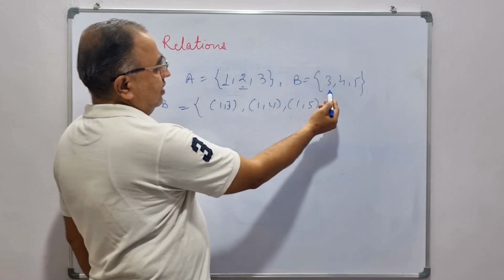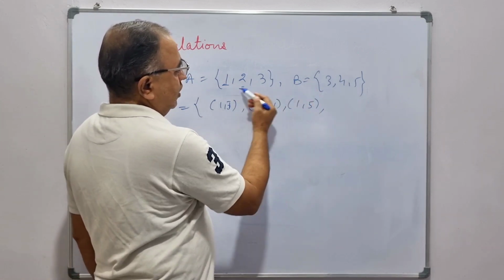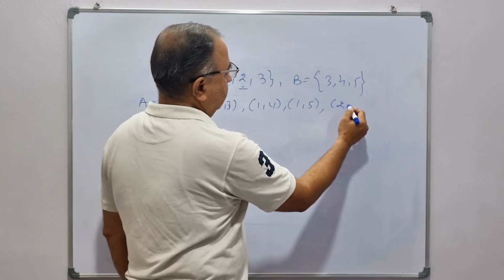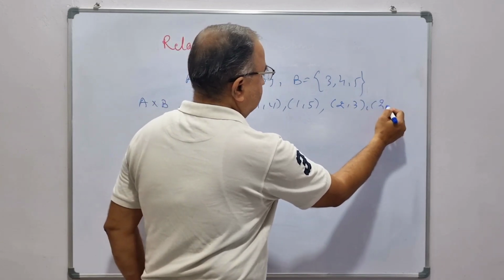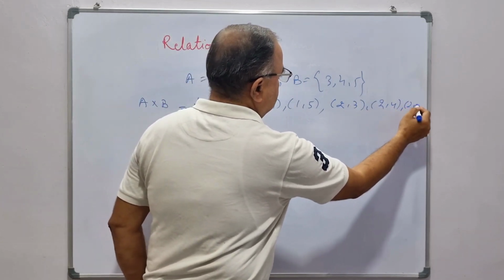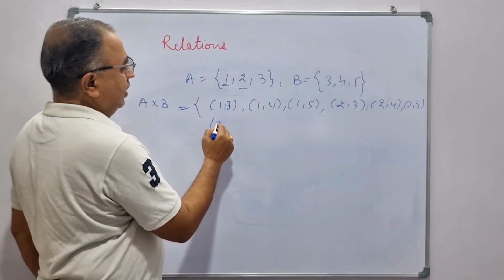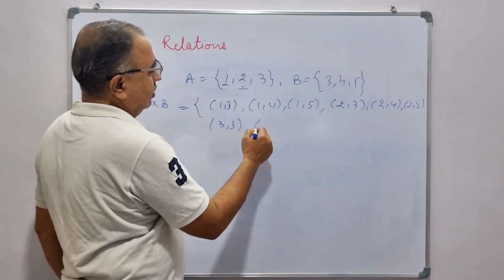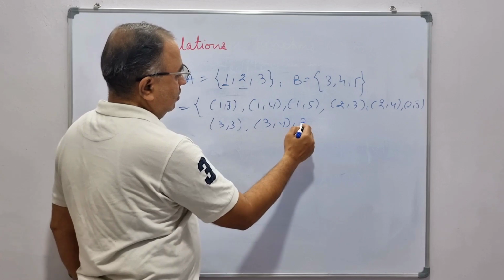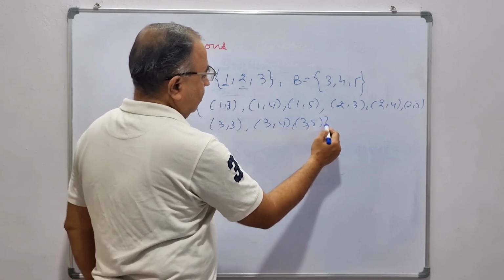Similarly, with 2 also there are again 3 elements of B. So (2,3), (2,4), (2,5). Last we are taking 3: (3,3), (3,4), (3,5).